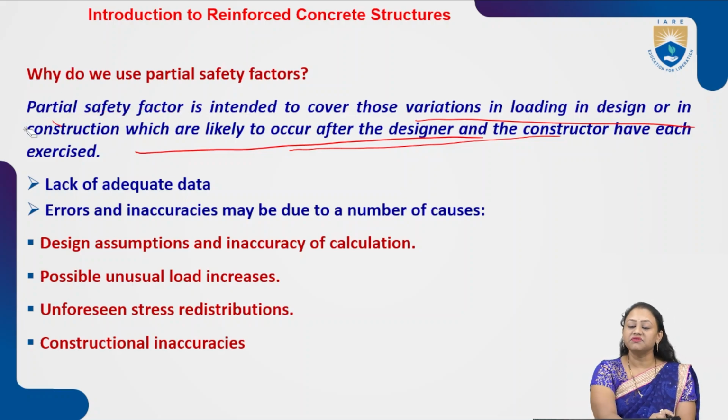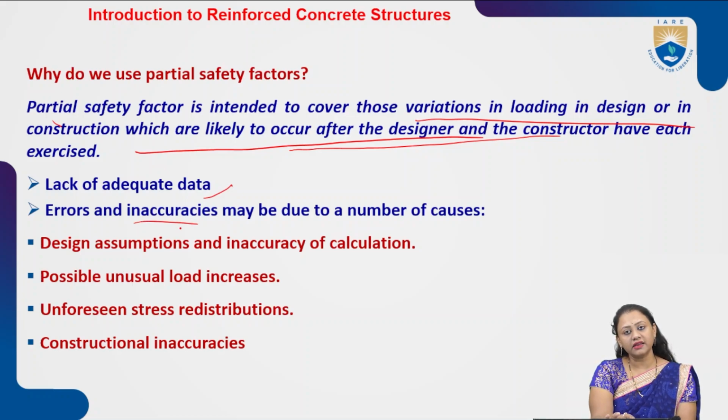This partial safety factor is intended to cover those variations in loading in the design or in the construction. There is lack of adequate data and there are errors and inaccuracies which may be due to a number of causes. So why do we need a partial safety factor? Because there may be lack of adequate data and there are inaccuracies or errors.